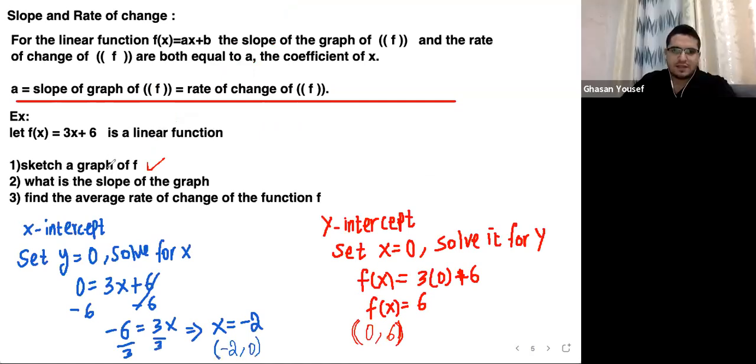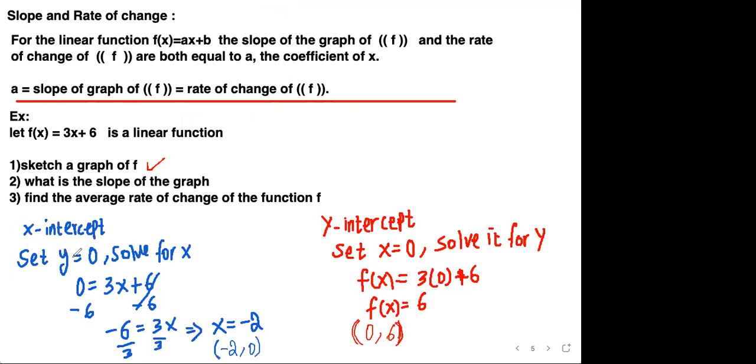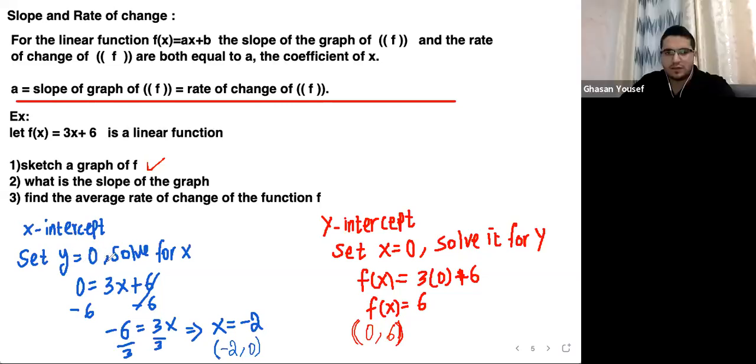So again, to sketch a graph, you have to find the x-intercept. You set y equals 0, then you solve it for x. You find the first point is (-2, 0). To find the y-intercept, you set x equals 0, then you solve it for y. So the point is (0, 6). You get 2 points.